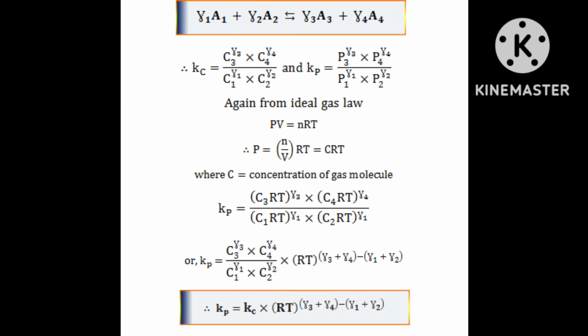Hence the condition is that in the synthesis of ammonia, high pressure is required and temperature is required less, not very less. Theoretically, you can tell that the less the temperature, the less the volume. But practically, what has been seen, temperature requirement is not very high, but moderate temperature.